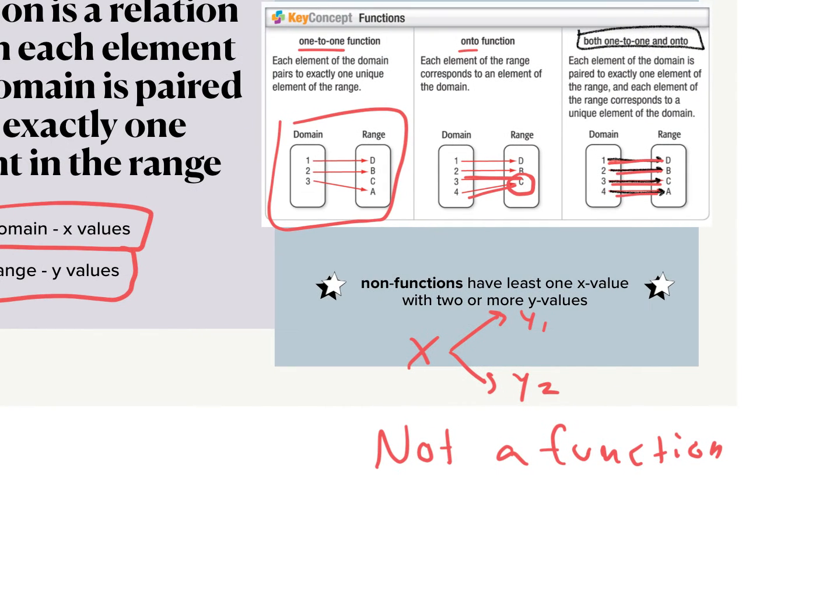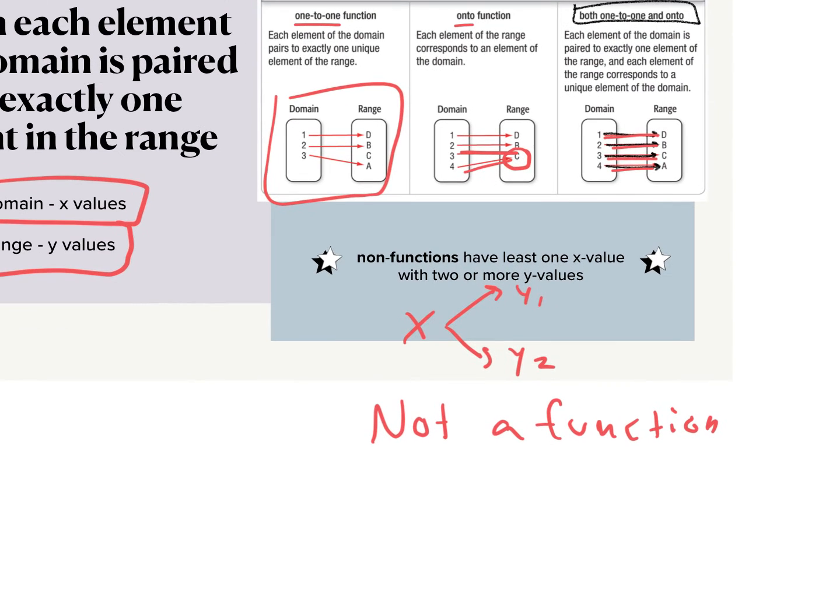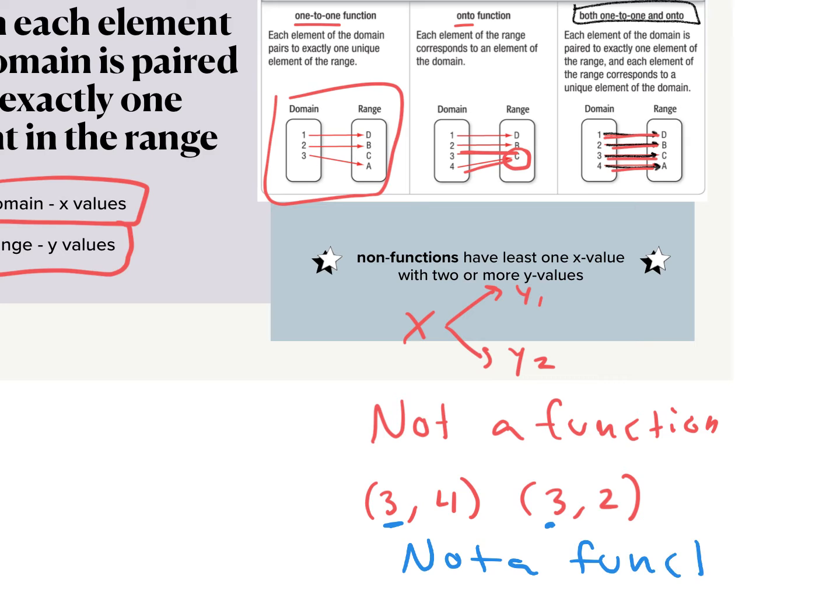If I had a coordinate pair listed, and let's say I had 3, 4, and 3, 2. If I have the same x repeated, this would be not a function. So if your x is repeating, it's not a function.